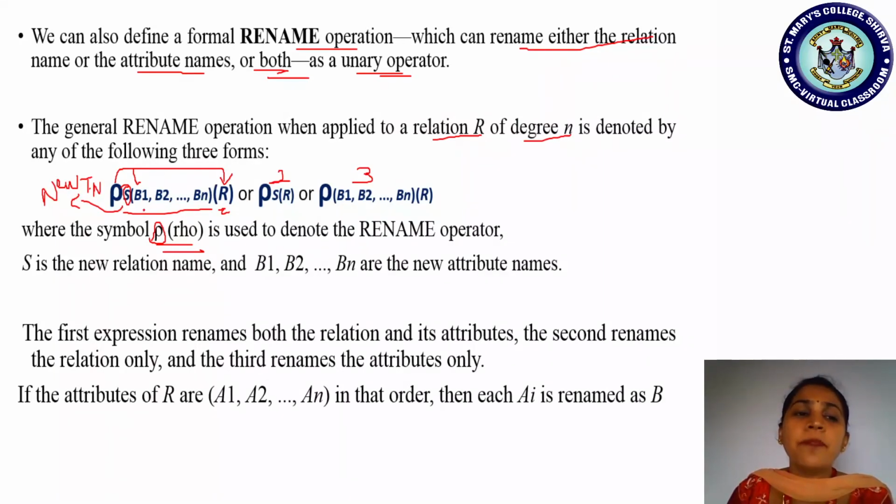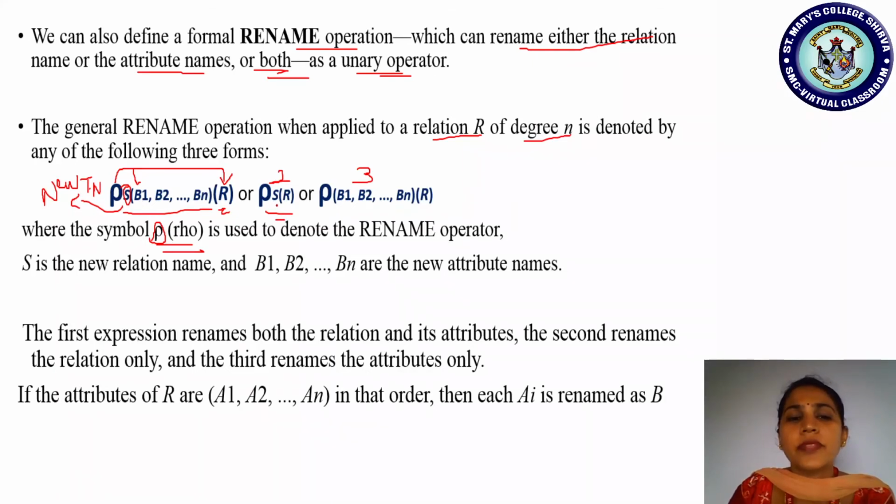So for first name, F name, B1 will be considered. For middle initial, B2 is considered. Like this, the renaming is done in the first syntax. So the first syntax is an example where you are renaming both the relation name as well as the attribute names.